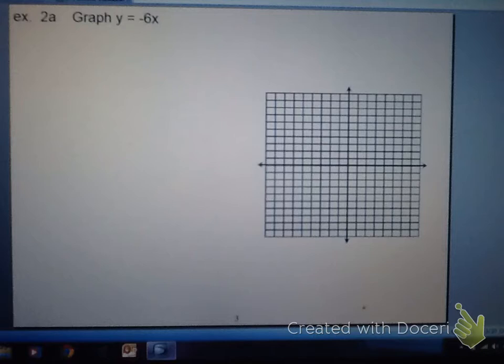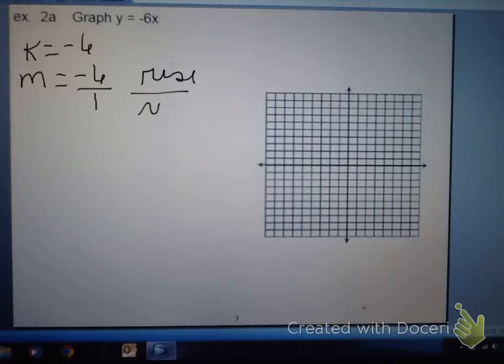Example 2a, we're going to graph. We're going to write the slope as a ratio. Again, k is negative 6, which is also the same thing as your slope. It's negative 6, and we're going to put it in a fraction, negative 6 over 1. Remember, slope is rise over run. So we are going to plot.